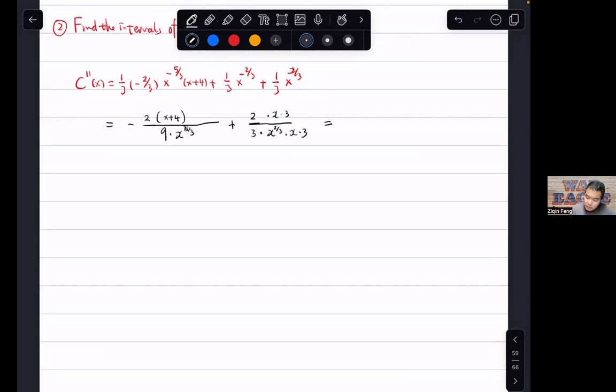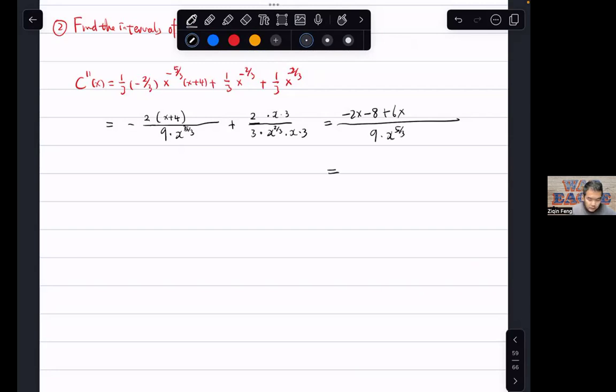So this is equal to, let's put the negative all together, negative 2x minus 8 plus 6x over 9 times x to the 5 over 3.